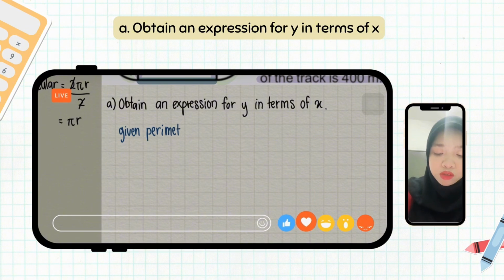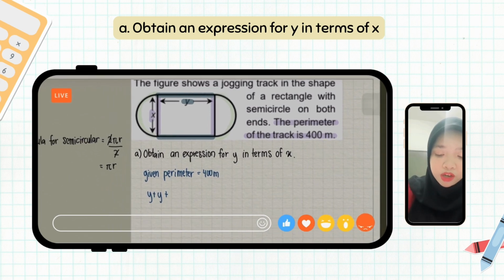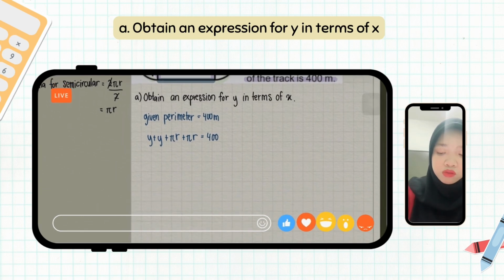The given perimeter is 400 meters, and then 2y part, so y plus y plus pi r plus pi r equals 400, since we want to know the perimeter. And then just write out the whole equation back. 2y plus 2 pi r equals 400.